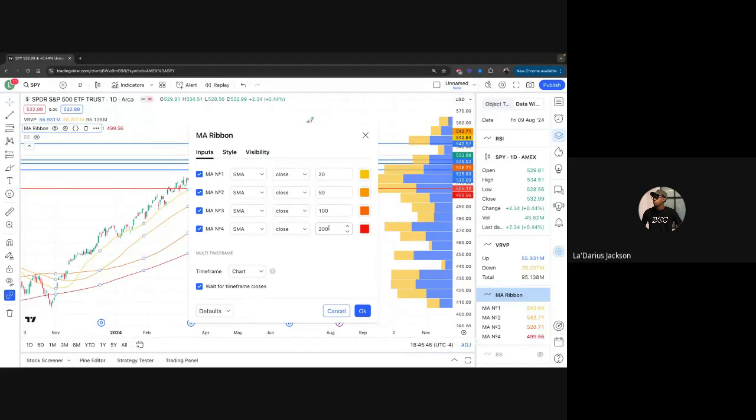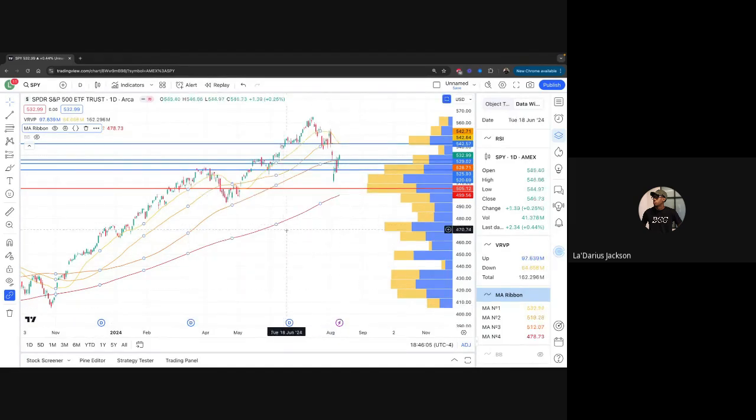I would be in a trade for like 2 months because I would be waiting for them to cross or give me a signal that the stock is going to go up or go down. So that's when I incorporated the 20 and the 100. And now I'm getting quicker signals, solely because of the 20. So when you look at all of this, the main line to pay attention to is that 20 line, that 20-day moving average.